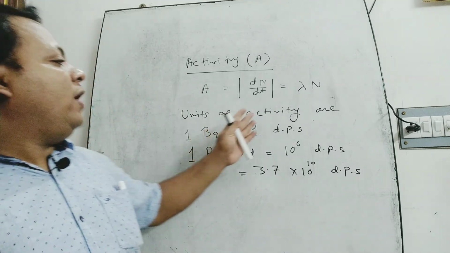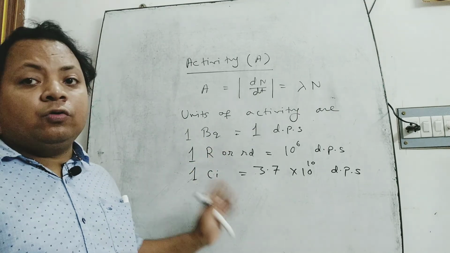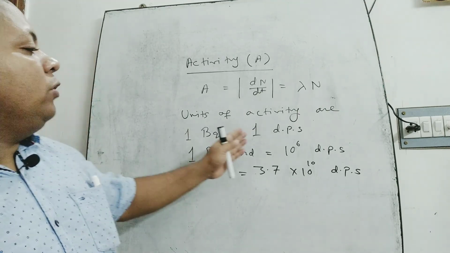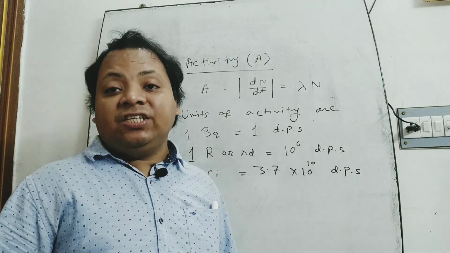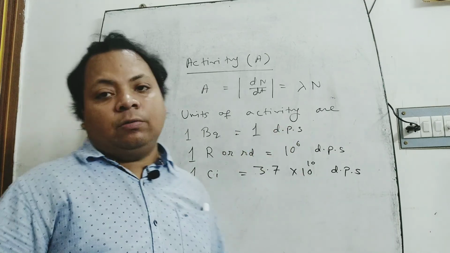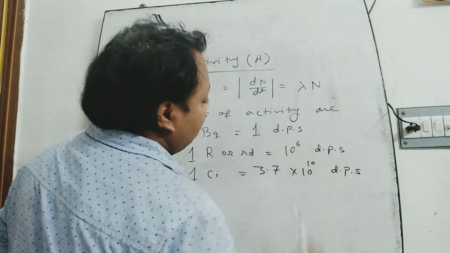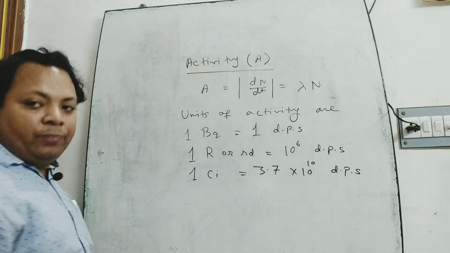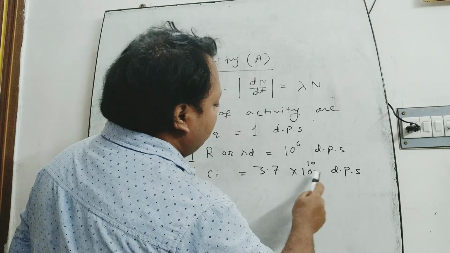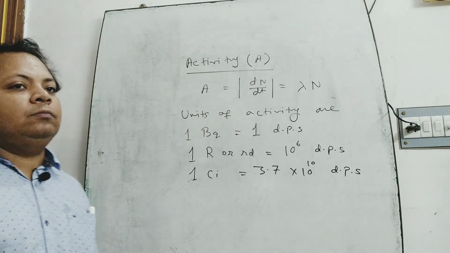And units of activity are becquerel, Rutherford, Curie. 1 becquerel is equal to 1 dps, that is disintegration per second. 1 Rutherford is equal to 10 to the power 6 dps. And 1 Curie is equal to 3.7 into 10 to the power 10 disintegrations per second.